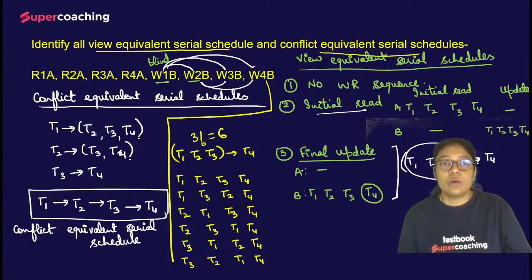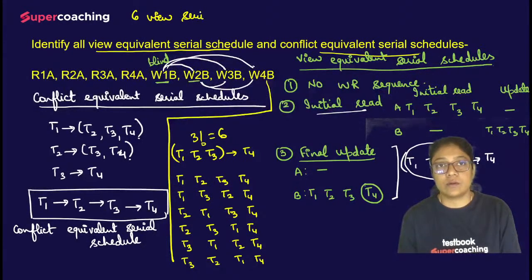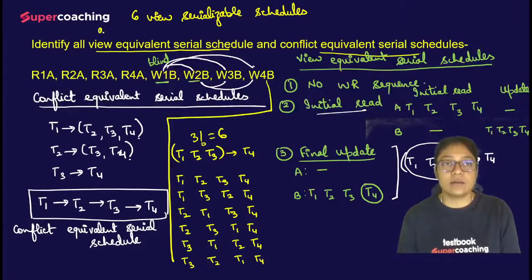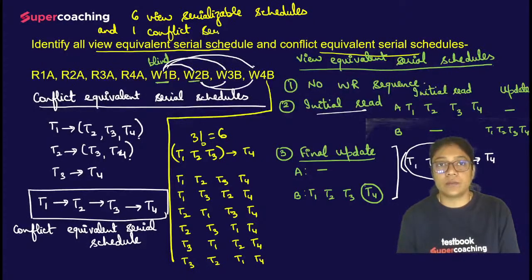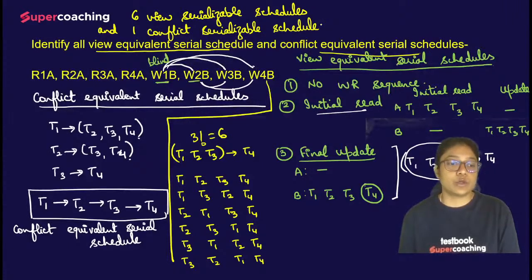So here we are getting 6 view serializable schedules, and one conflict serializable schedule is possible.